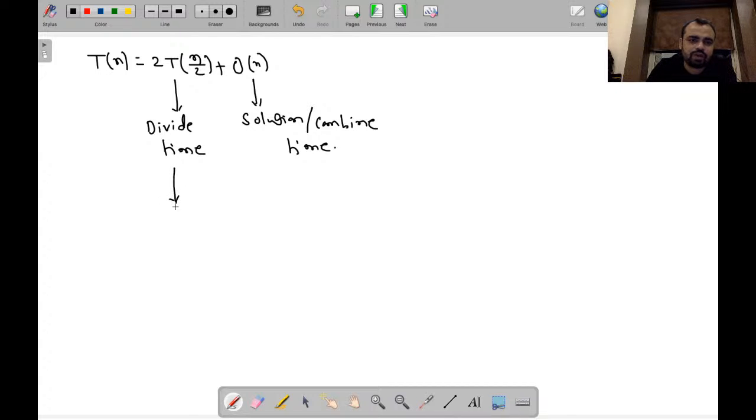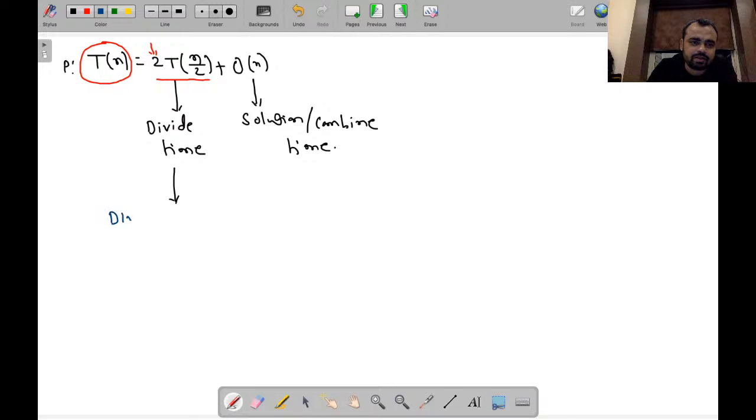Suppose this is the problem P. We are dividing the problem P into two subproblems, each of size n by 2.